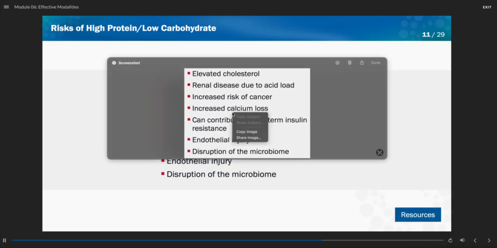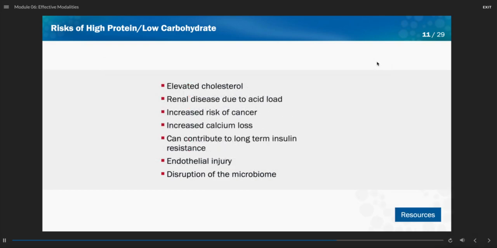So I'm just highlighting a few of the studies on high-protein diets. There are a number of other studies that have looked at high-protein diets and shown short-term improvements in insulin resistance and insulin sensitivity. But we need to step back and look at some of the more negative consequences of these diets, especially long-term.